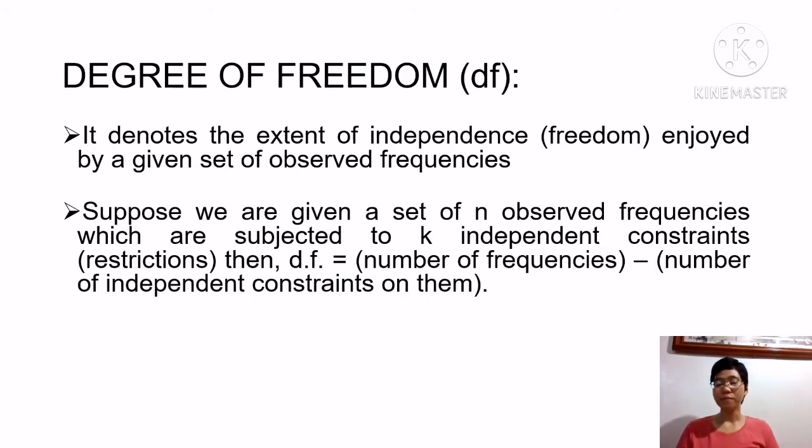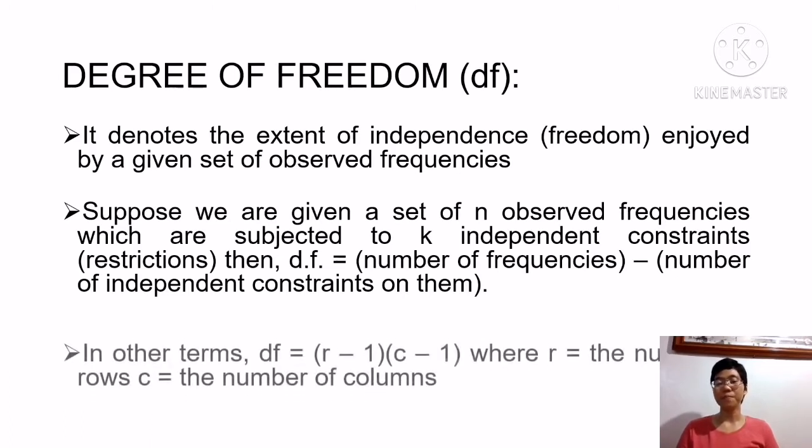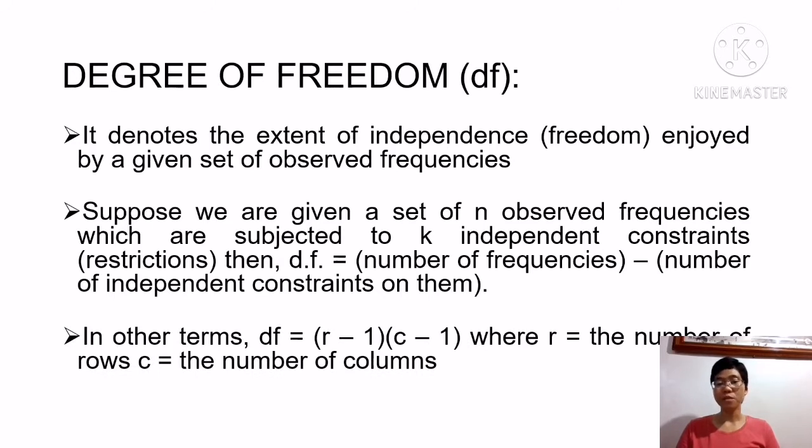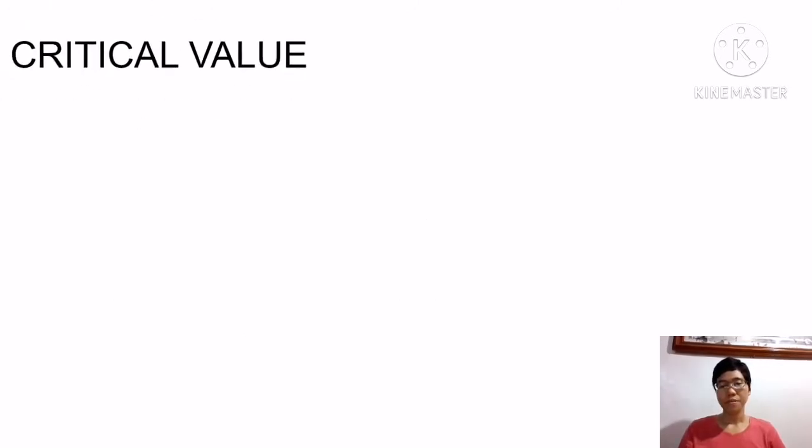Then df equals number of frequencies minus number of independent constraints on them. In other terms, df equals (r minus 1) times (c minus 1), where r is the number of rows and c is the number of columns.